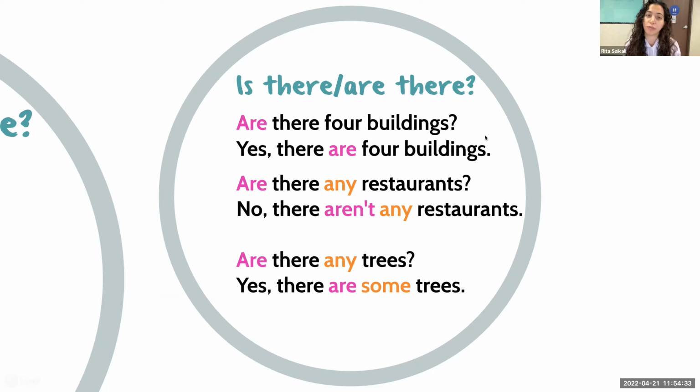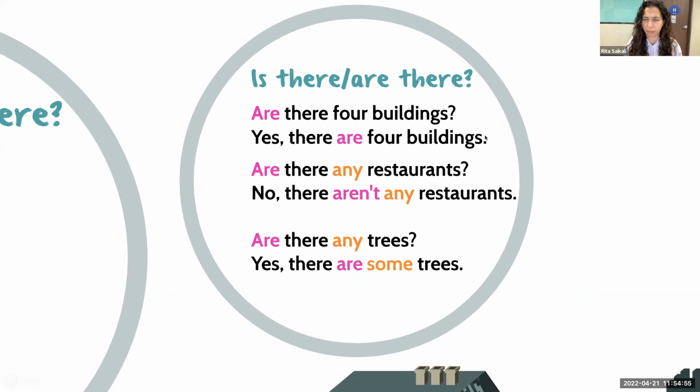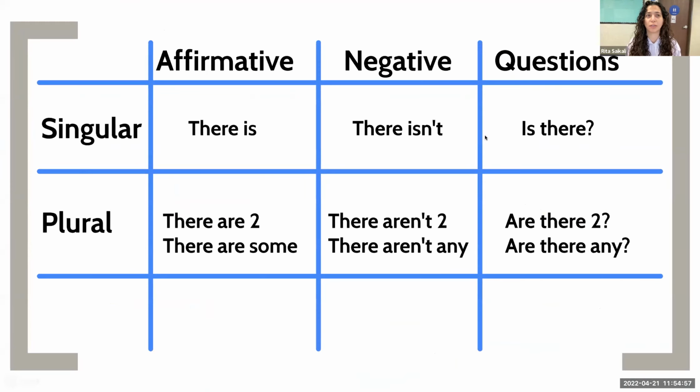But to give more information, I would say yes, there are 4 buildings. Or if the question is, are there 4 buildings? The answer can be, there are 4 buildings. So I can take out the yes, or I can not take it out, or I can take out the rest of the sentence and just say the yes or the no. Questions so far? Okay.